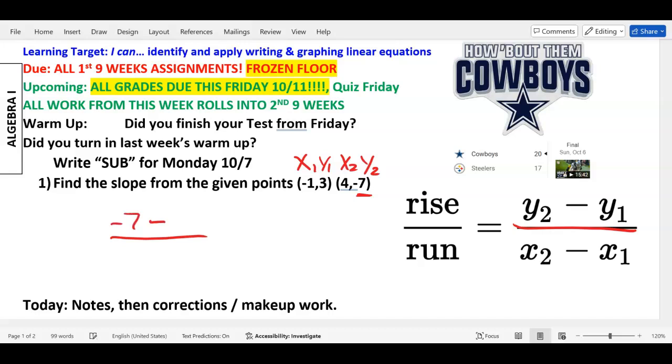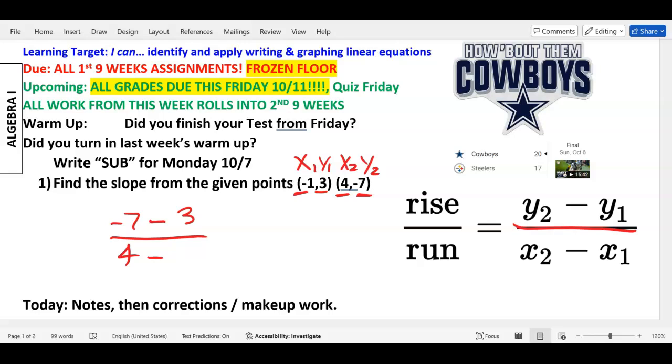I have to put the minus sign, and then y1 is 3. Okay? Now, that's on the top of the fraction. On the bottom of the fraction is the run, which is x2 minus x1. Okay, so x2 is 4. I have to put the minus sign, and then x1 is -1.